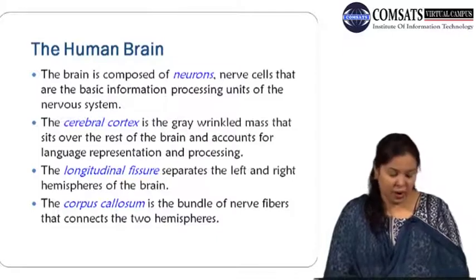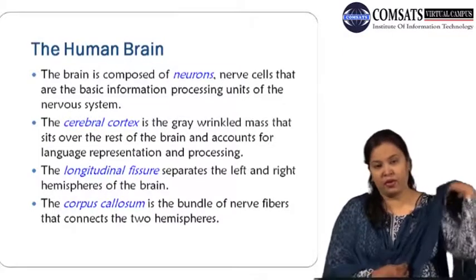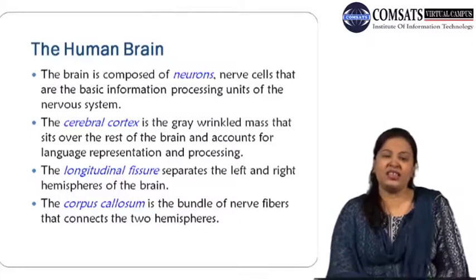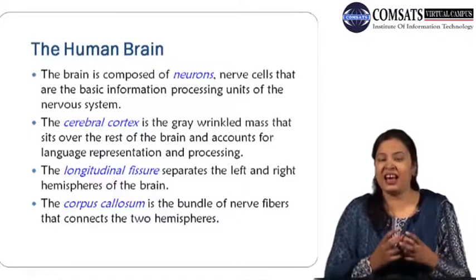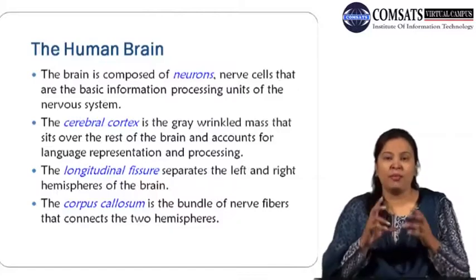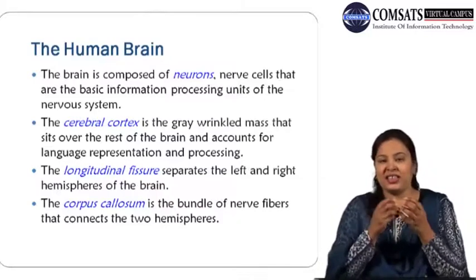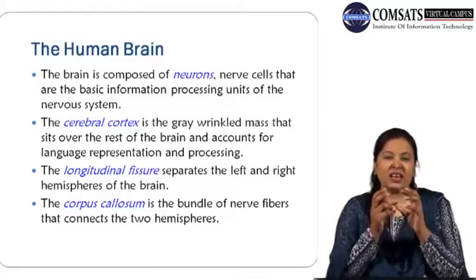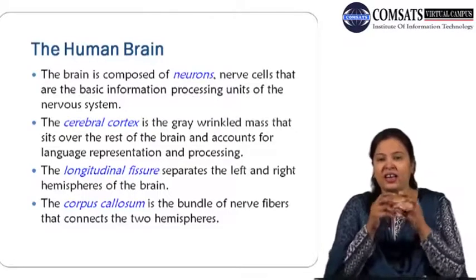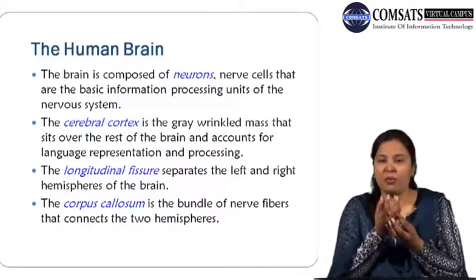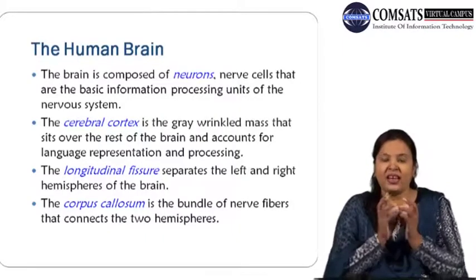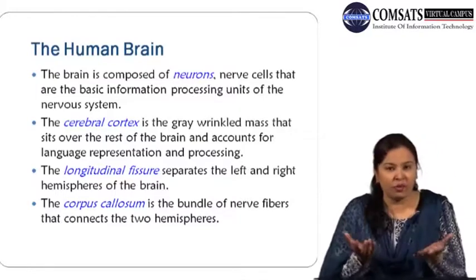Then another important part of the brain is the cerebral cortex. Now what is this cerebral cortex? The cerebral cortex is a gray wrinkled mass. If you see, this is the part of the brain where the color is gray, and it is wrinkled, just like the wrinkles on faces, a mass gathered together that sits over the rest of the brain.